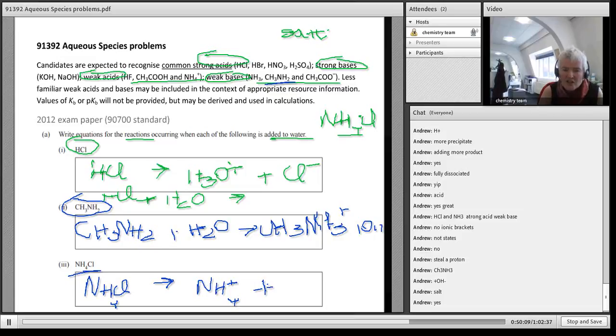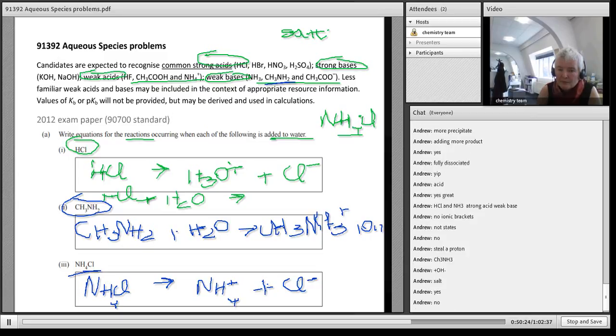So it dissociates completely to that and Cl minus. Okay. Will my Cl minus react with water? No. Because it comes from a strong acid, it doesn't react with water.